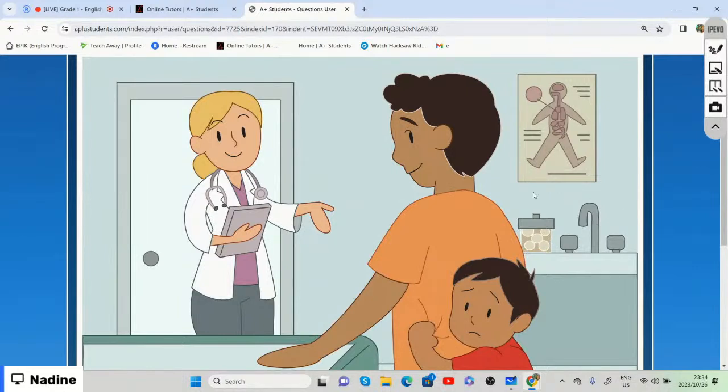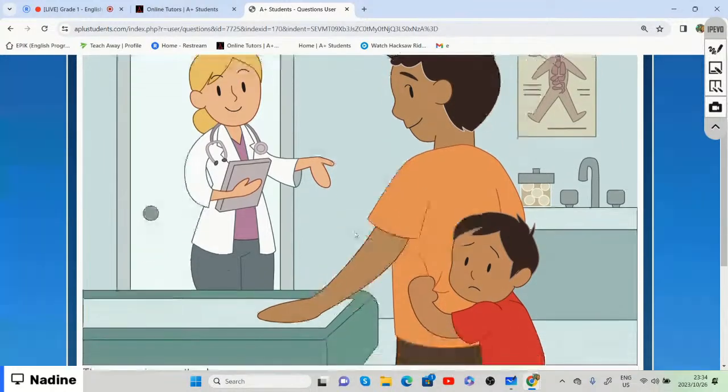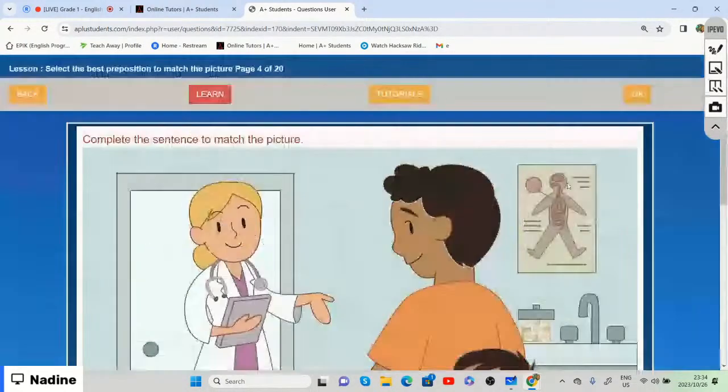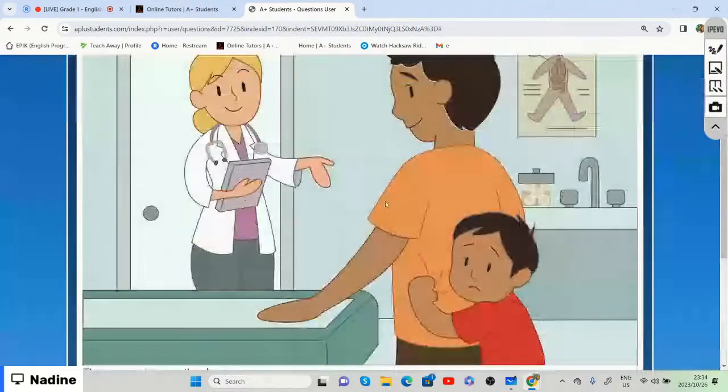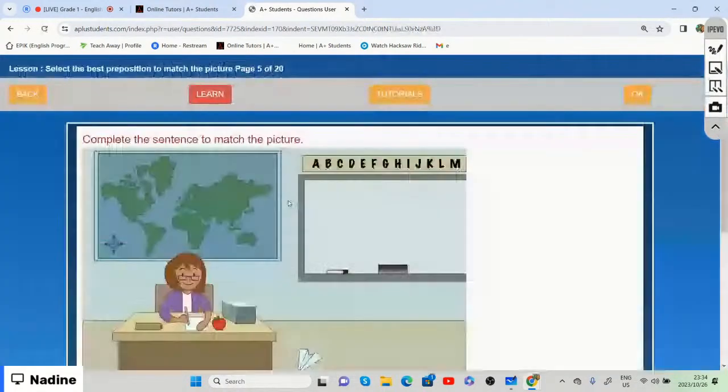So we say that the woman is in front of the door. All right, so in front of is correct.